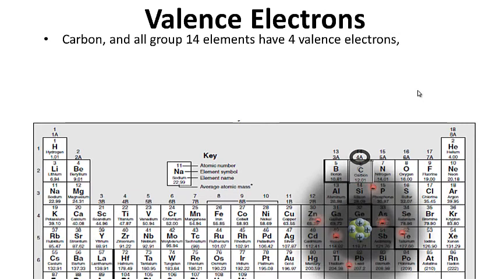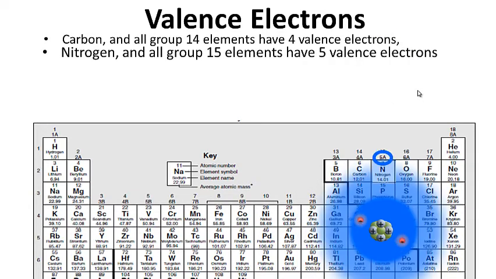Okay, and nitrogen, phosphorus, and all group 15 elements have 5 valence electrons in its outer shell.